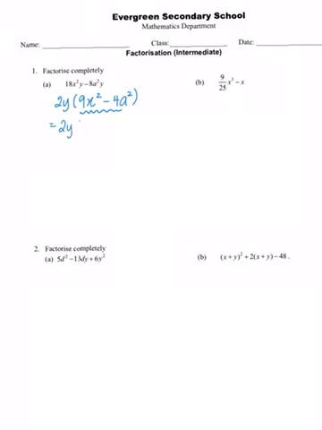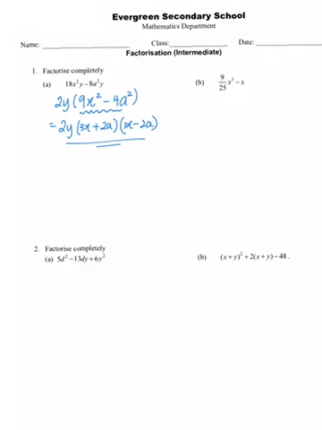Keeping 2y, 9 is 3 squared, 4 is 2 squared, two factors, and then two signs, one plus, one minus. So this will be 3x minus 2a, 3x plus 2a. Then this will be the answer.